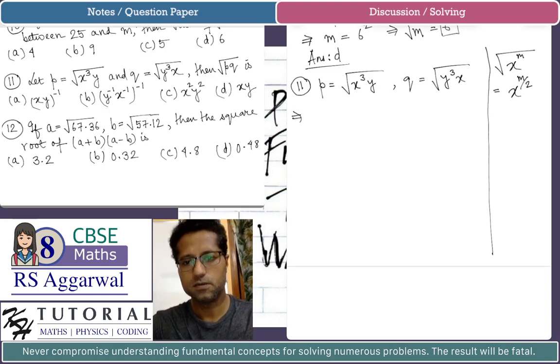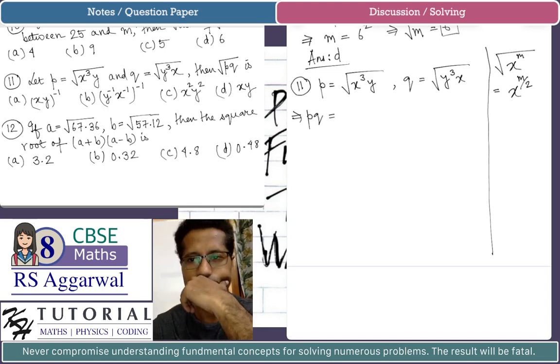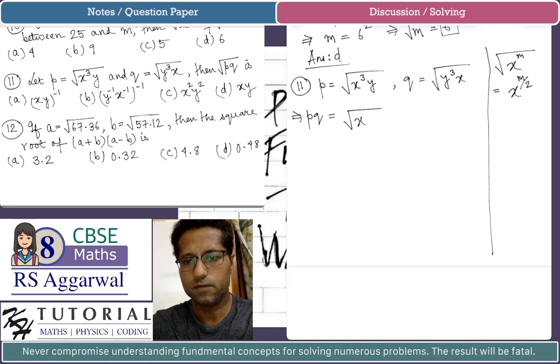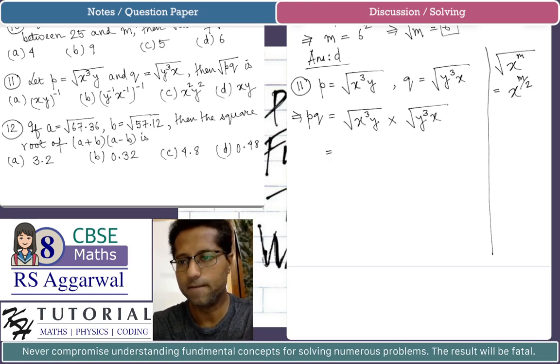This implies pq will be equal to the square root of x cube y multiplied by the square root of y cube x. Again, the concept we will apply is that the square root of x multiplied by the square root of y, where x and y are non-zero numbers, is equal to the square root of x multiplied by y.